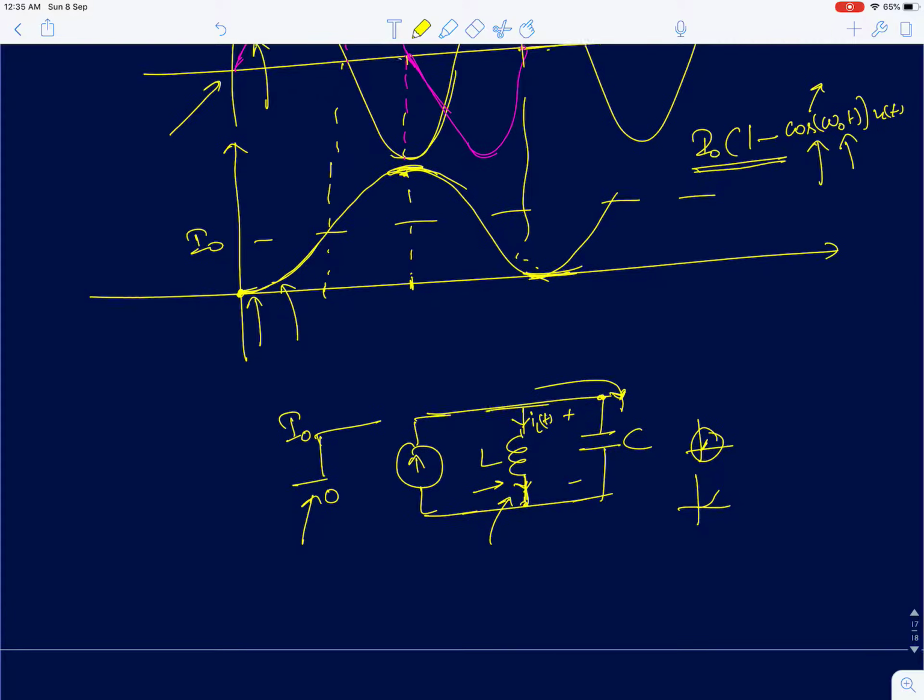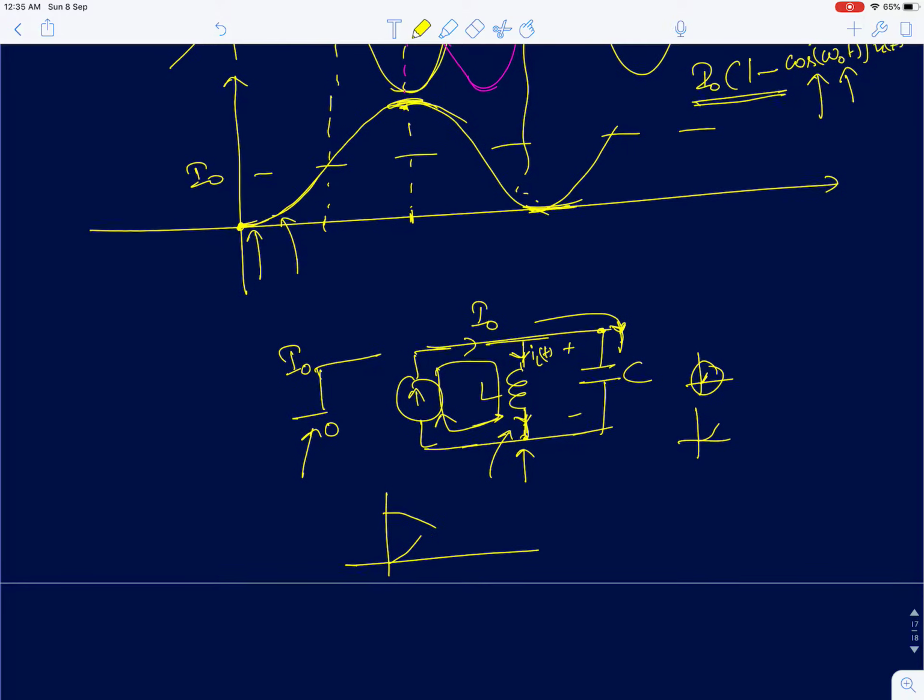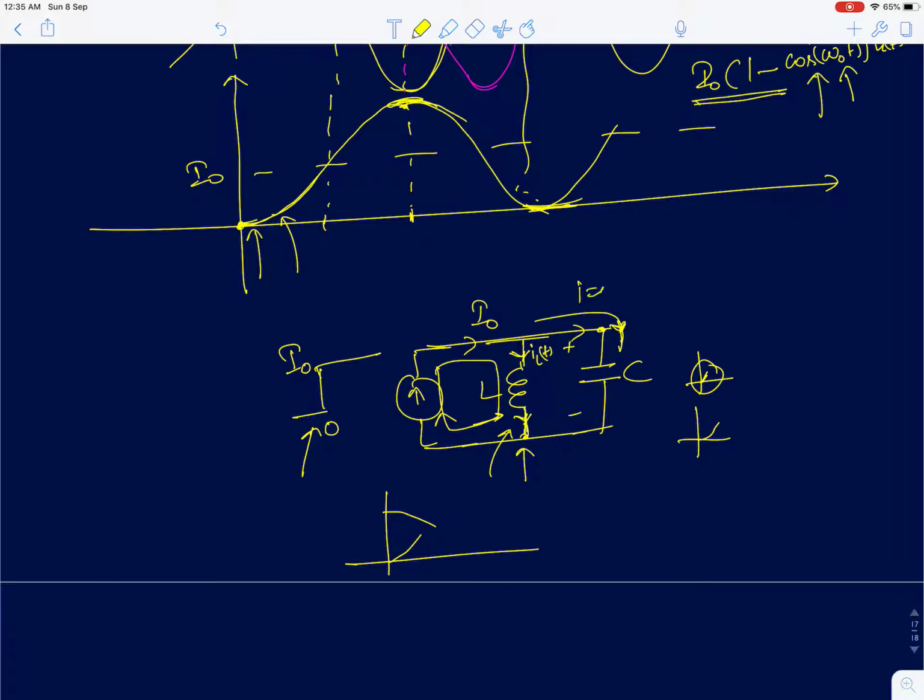Now, the inductor current is increasing because the sum of the two currents is always I naught. So the inductor current is increasing and the capacitor current is decreasing. So there will be a point when the capacitor current will become 0 and all the current I naught will start flowing through the inductor. At that point, the current through the capacitor is 0.